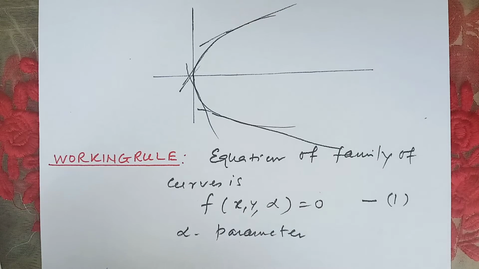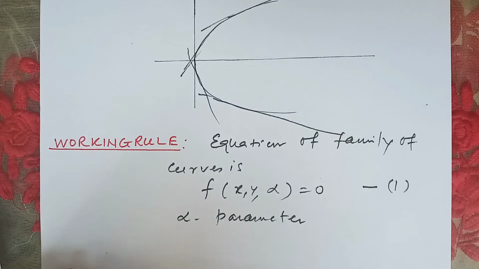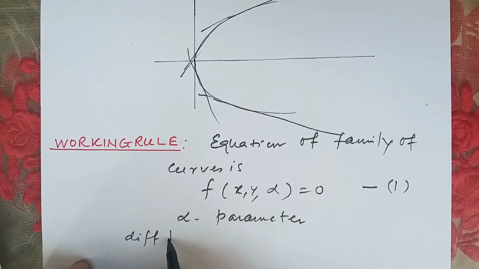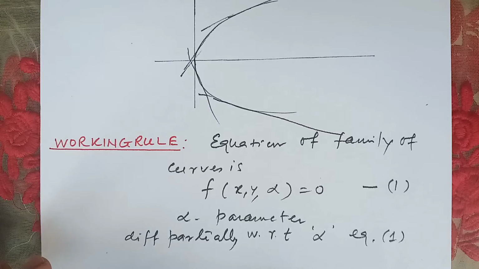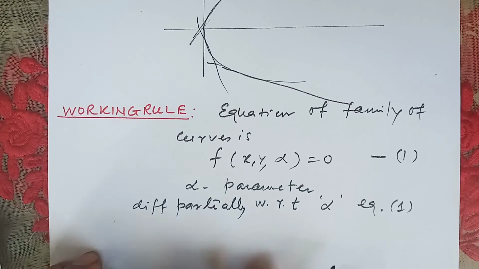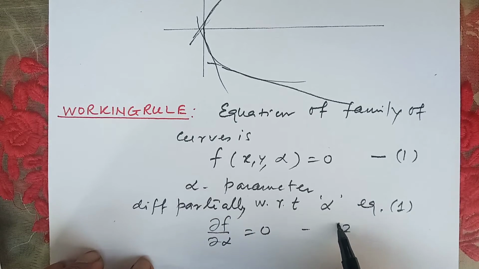First we will differentiate equation number 1 partially with respect to alpha. So differentiating partially with respect to alpha, we get del f by del alpha equal to 0. This is 2.